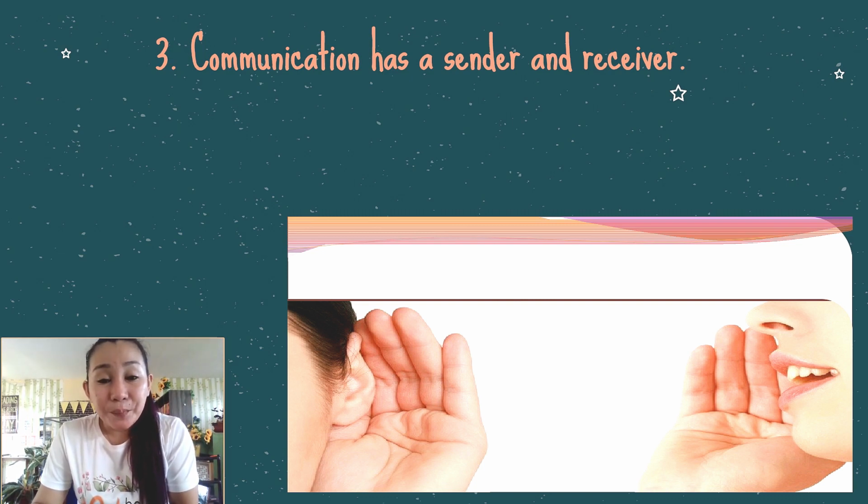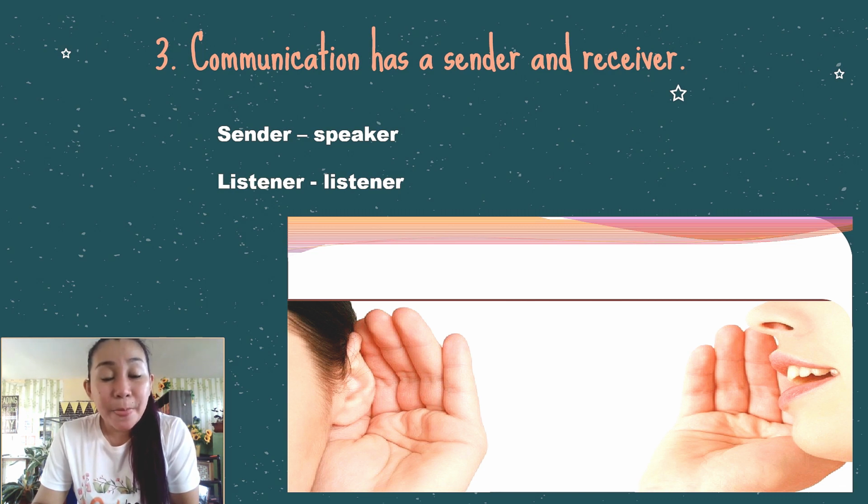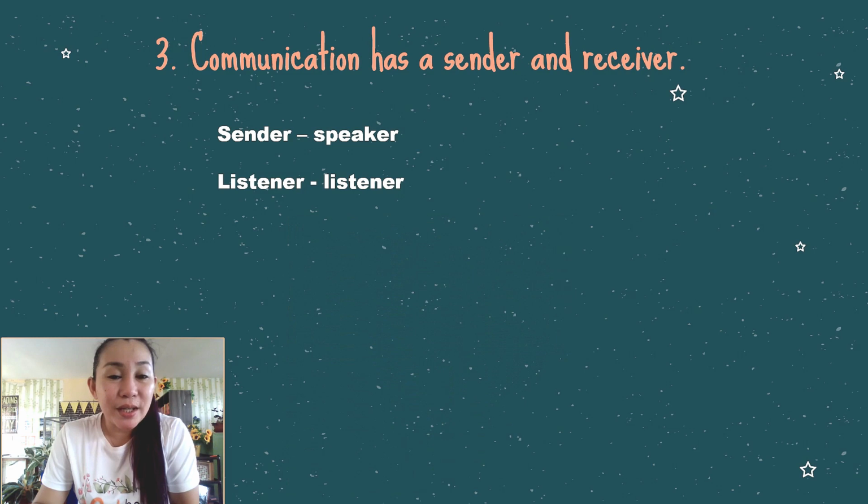Okay? Now, communication has a sender and a receiver. Who do you think is the sender? The sender of the message is the speaker, while the receiver is the listener. Okay, very good. Now let's proceed to number 4.